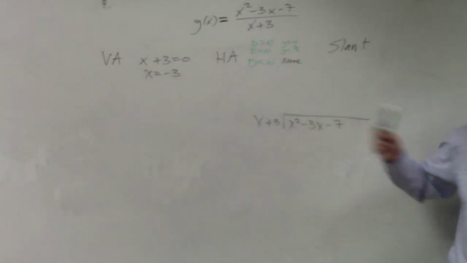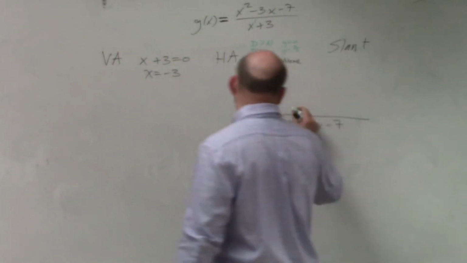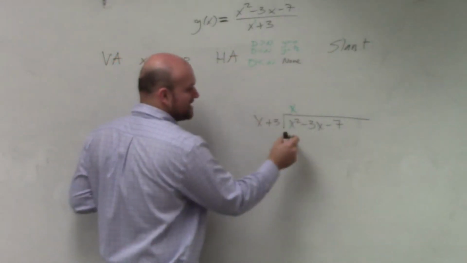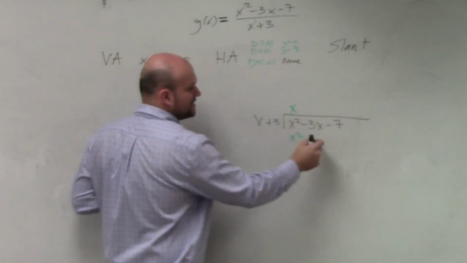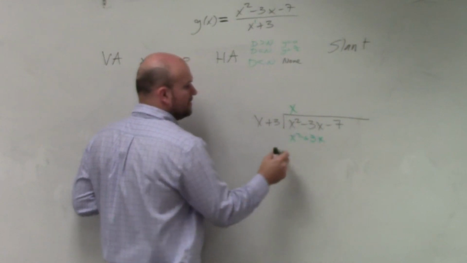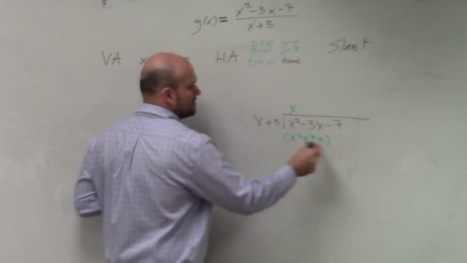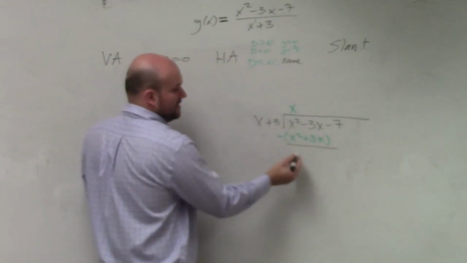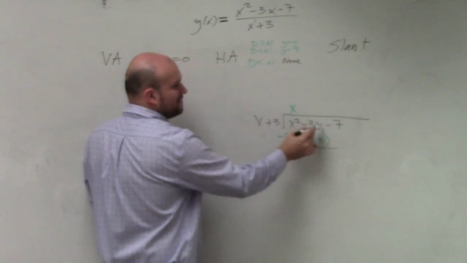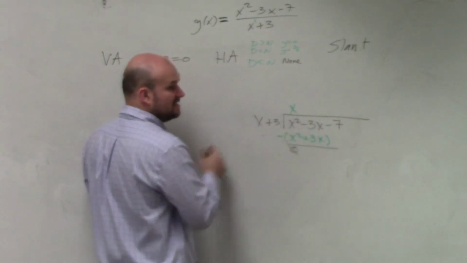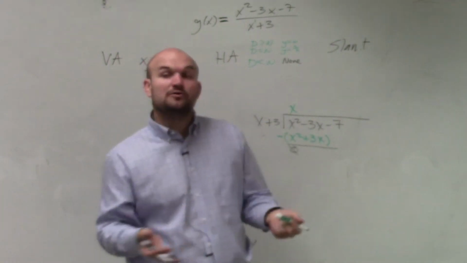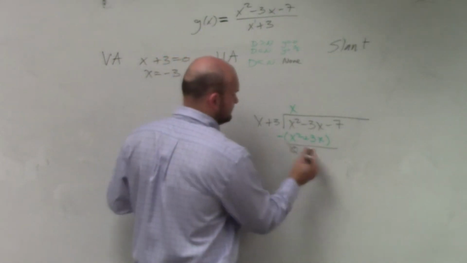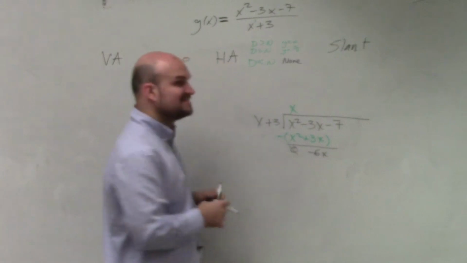How many times does x divide into x squared? X times, because x times x gives you x squared. X times 3 gives you 3x. Then we subtract the rows. X squared minus x squared is 0. Negative 3x minus 3x. If you owe me $3 and you borrow $3 more, you now owe me $6. So negative 6x.